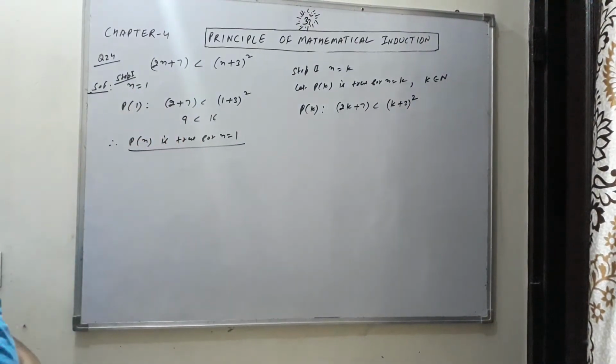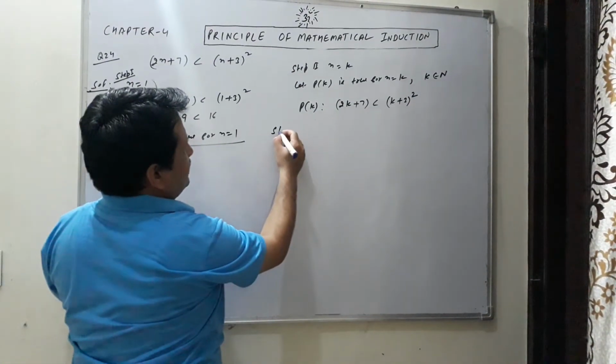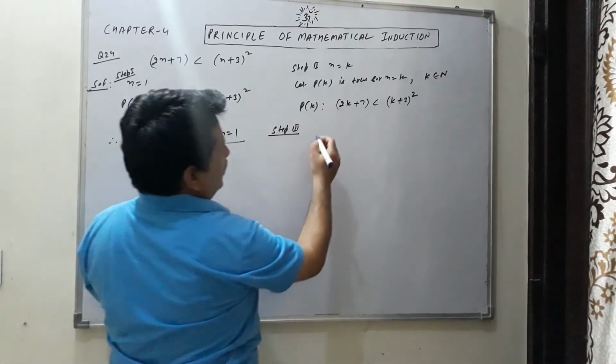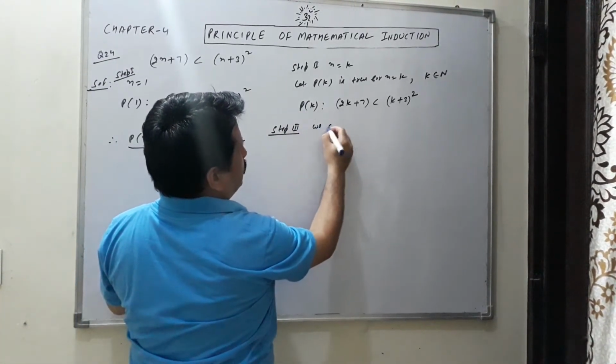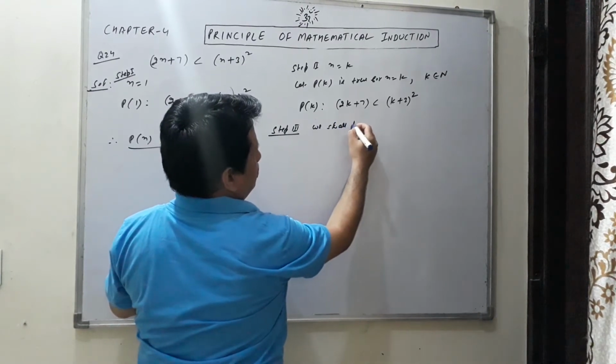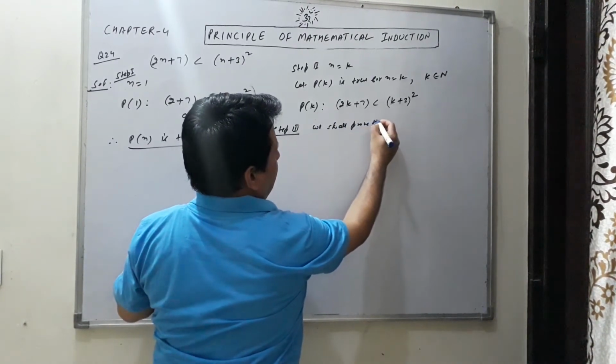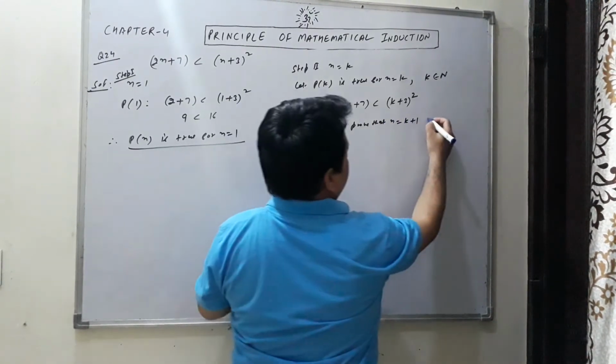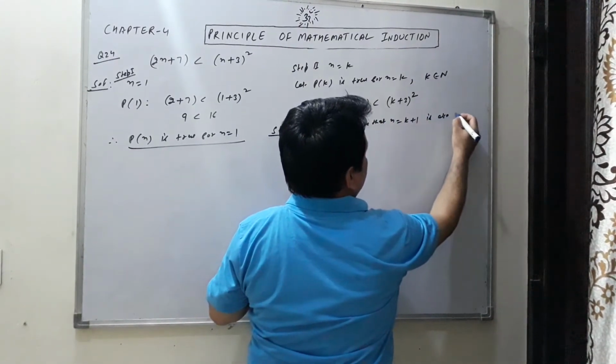So this is our step number 2. Let us come to step number 3. Now we shall prove that n is equal to k plus 1 is also true.